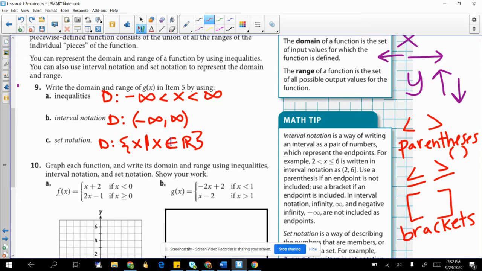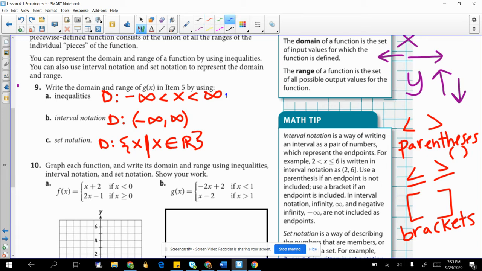Okay, so basically what this means, the little e means is an element of, and this strange R is all real numbers. Okay, so that's your domain in all 3 forms or notations.